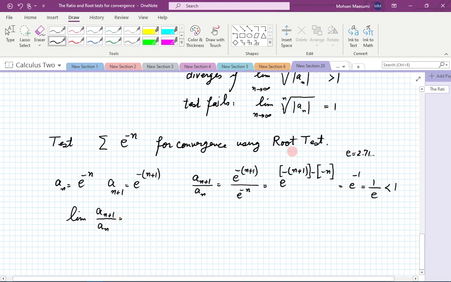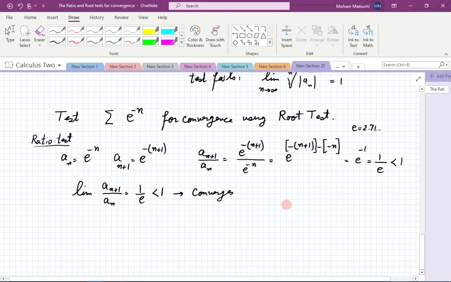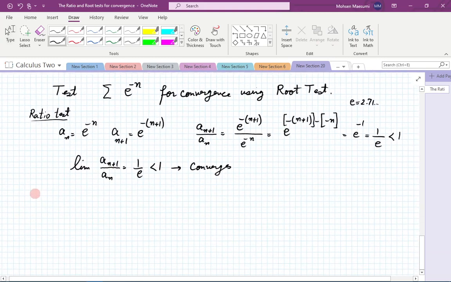I said let's do a root test, but by mistake I started with the ratio test. Let me finish that up. So by ratio test it converges, but my mistake, we were supposed to do a root test, not a ratio test. Root test.